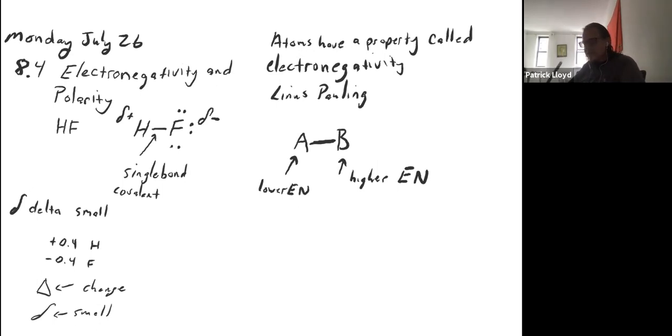If that is the case, what will happen is these 2 electrons will be withdrawn toward the element B, towards the atom B. And as a result of that, B will now have excess negative charge and A will have excess positive charge, right? If you are losing some electron density, you're going to become more positive. If you gain some electron density, you're going to be more negative.